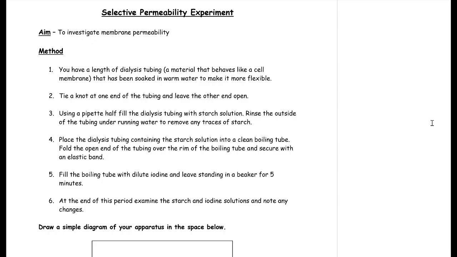Now, in the last part, we said that sometimes diffusion takes place through selectively permeable membranes. Permeable lets things pass through it. So we said that the cell membrane was permeable, but we also said that it was selectively permeable. So it chooses what things it allows to pass through it.